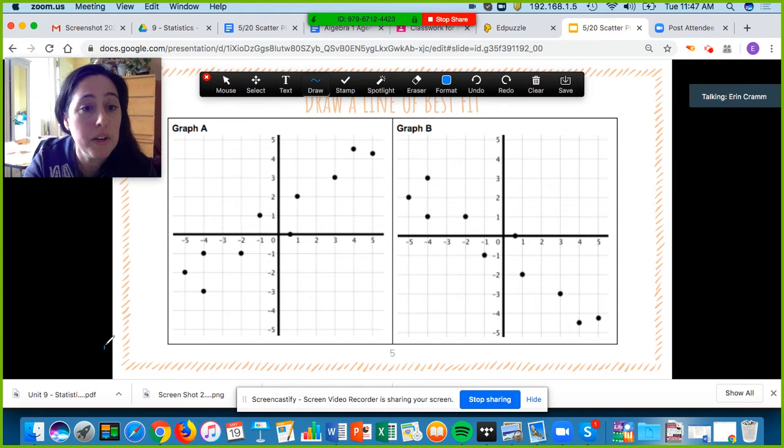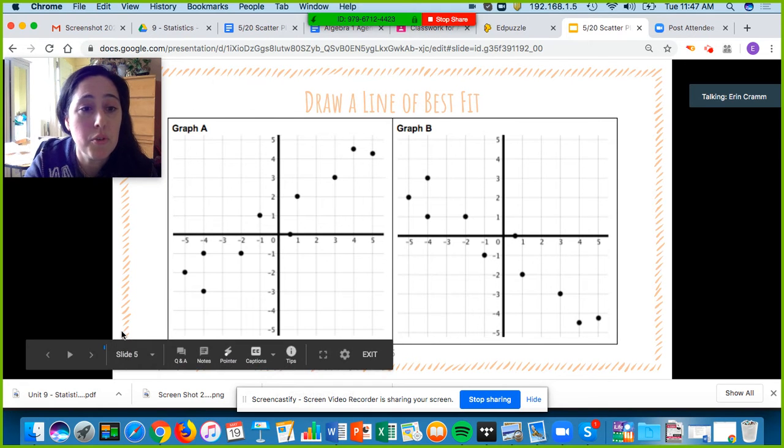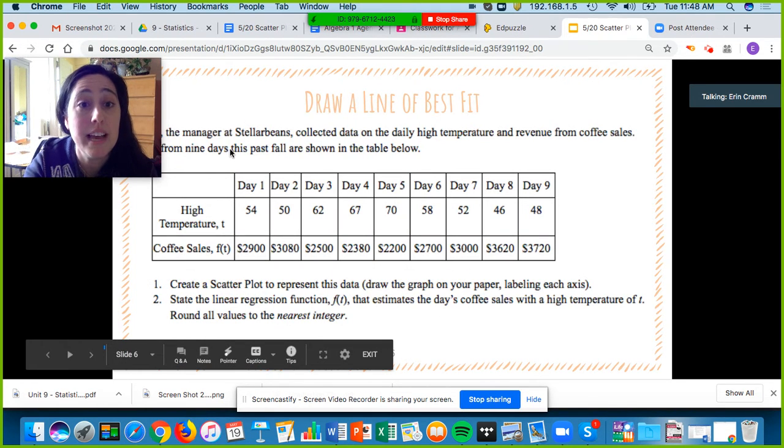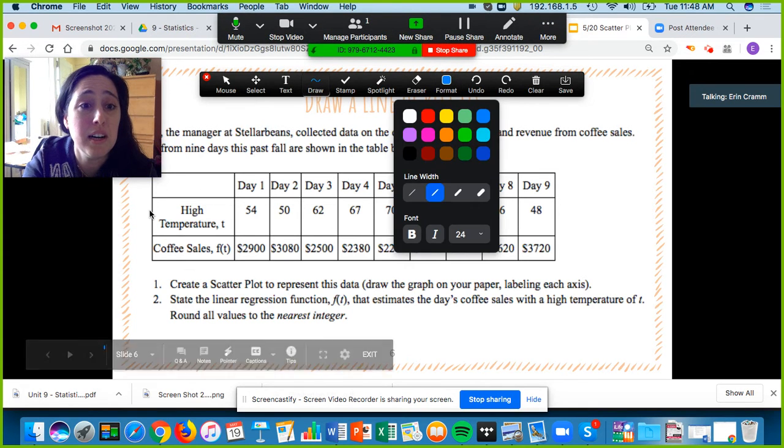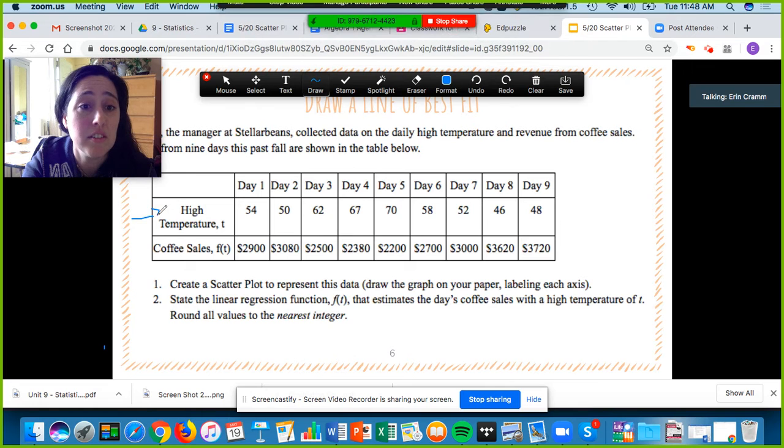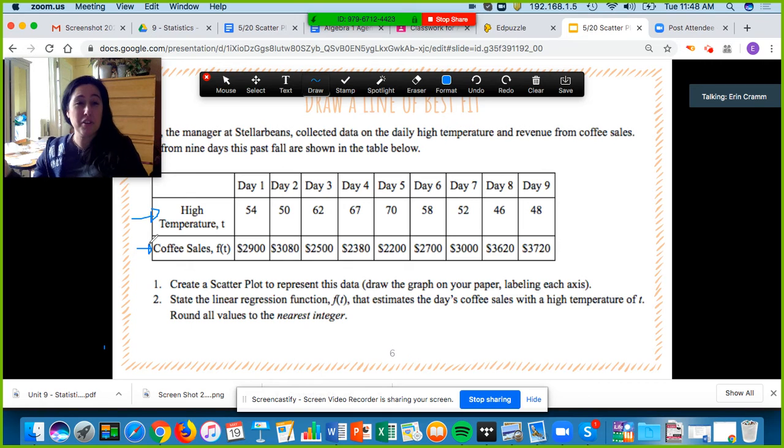So now the last one is really an exploration. And this story is talking about temperature. So like how hot is it? And comparing those temperatures to coffee sales, right? So do coffee sales go up or go down when the temperature, like if it's a blizzard, maybe people are getting more coffee, right?